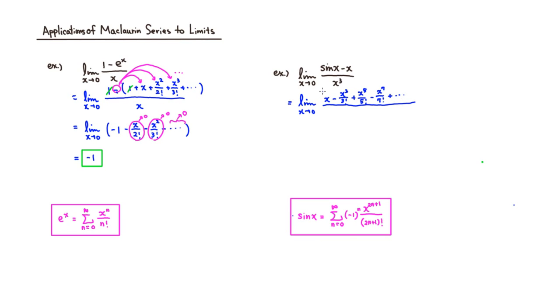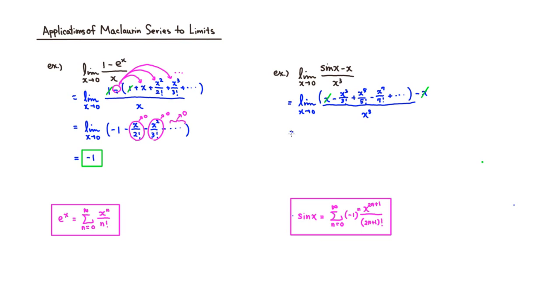Then we're going to have to subtract x and divide through by x cubed. First thing we can do is, again, you have an x here minus x, so you can cancel those. Then we just need to divide those terms by x cubed.